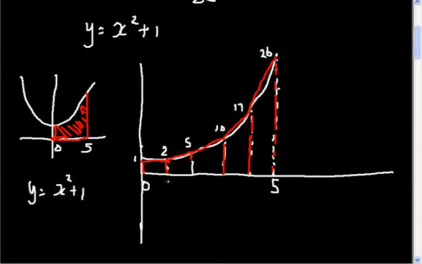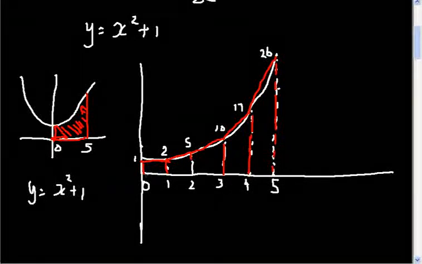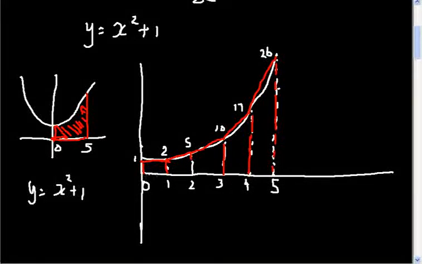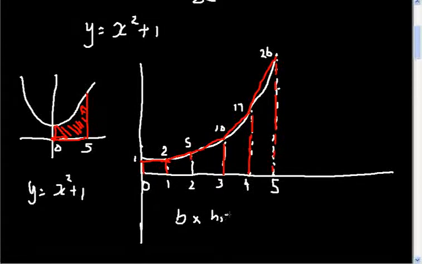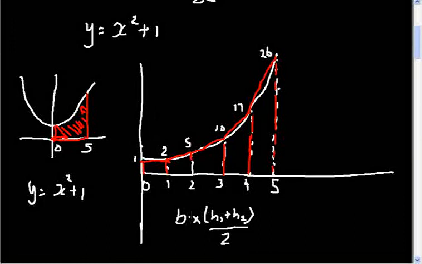So I figured out these points here, 1, 2, 3, 4, because each of these strips is 1 unit in length. The equation for the area of a trapezium is base length times height 1 plus height 2, added together and divided by 2, and then you multiply all of that by the base length. So the base length is of course 1.